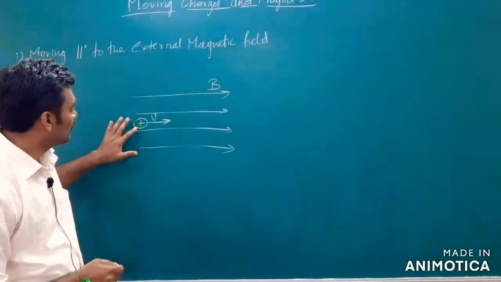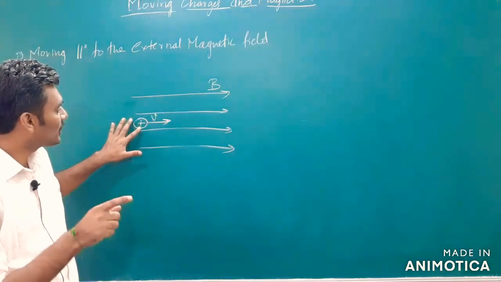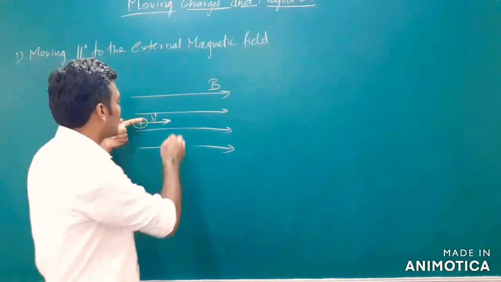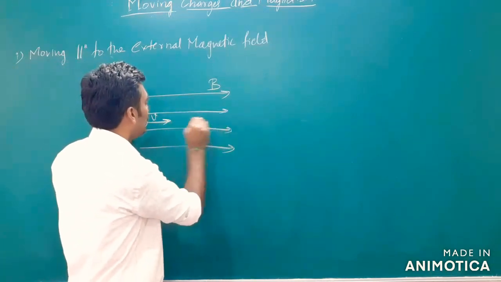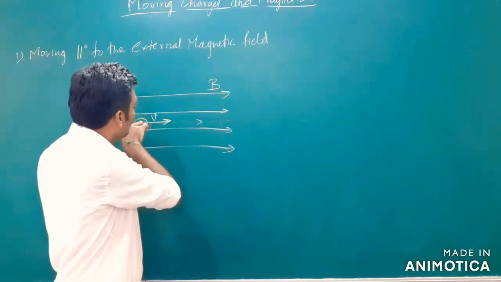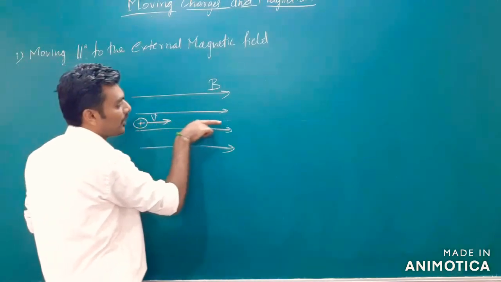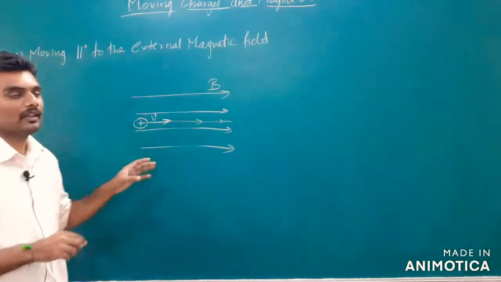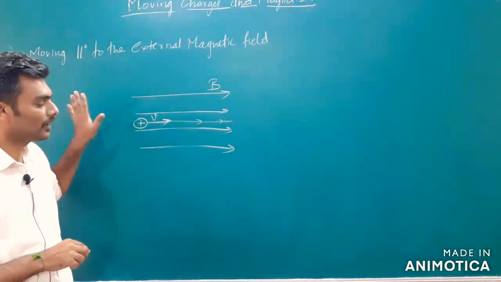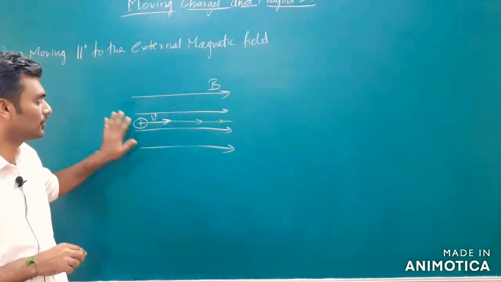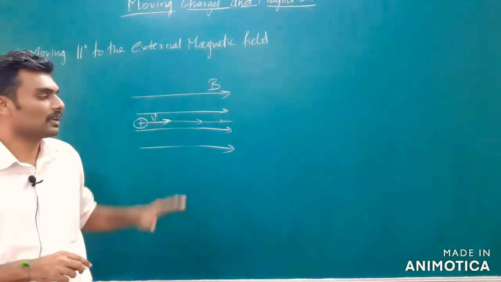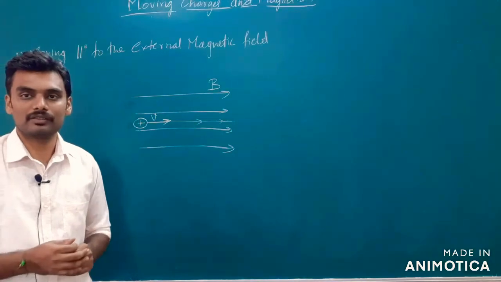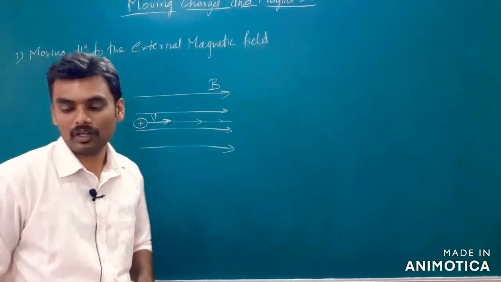Since this positive charge will not experience any force, it will keep on moving in the same path continuously without any deflection. There is no magnetic force acting on the charge, so it keeps moving in its path, no deflections. This is one of the cases.